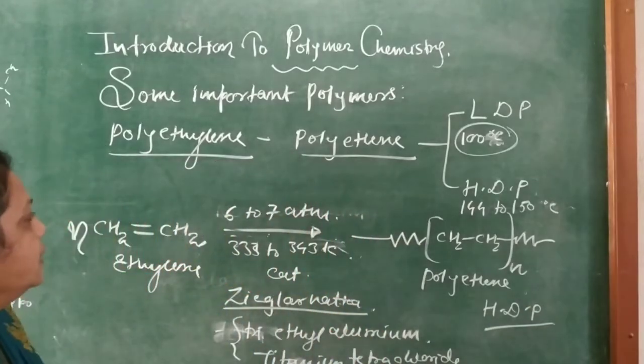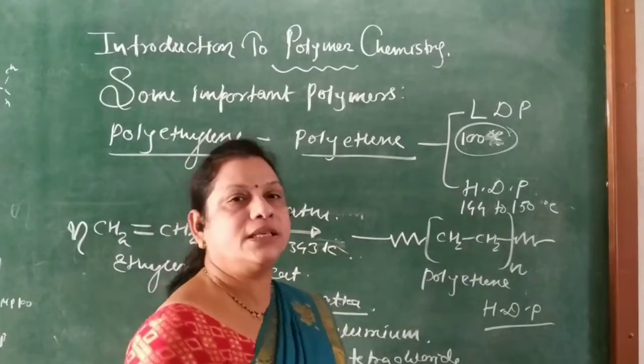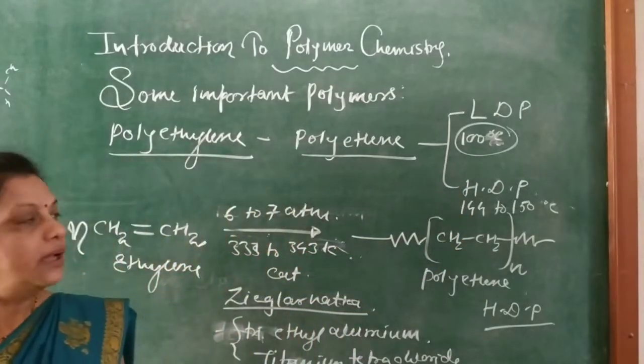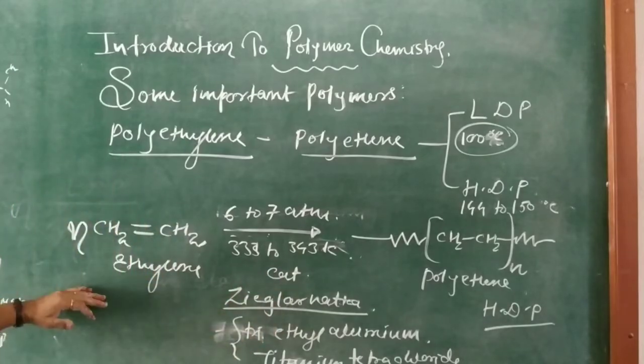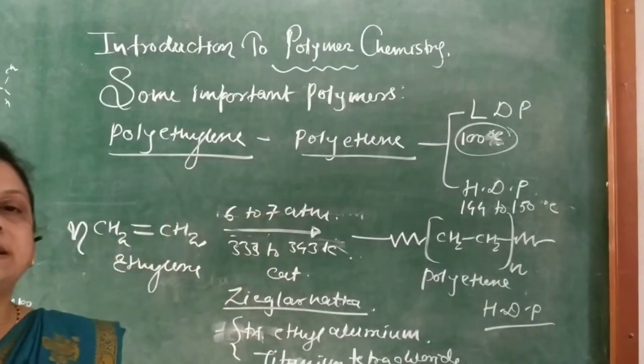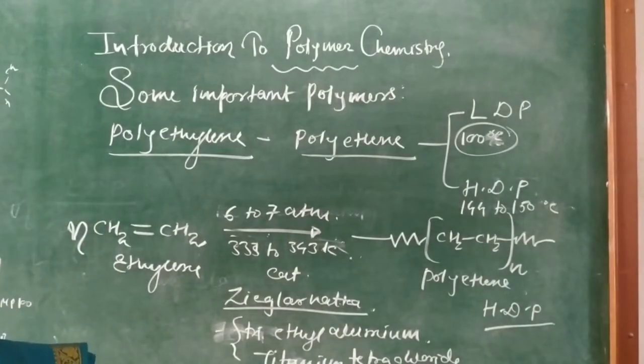So the melting points of the low density and high density polymers are different. The high density polymer is also more stiff than the low density polymer.